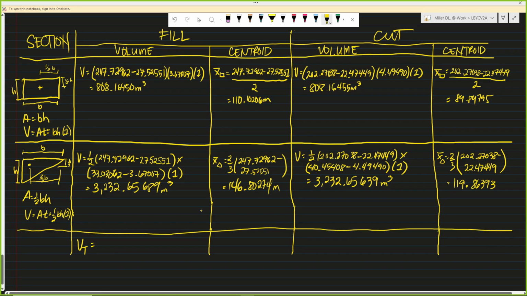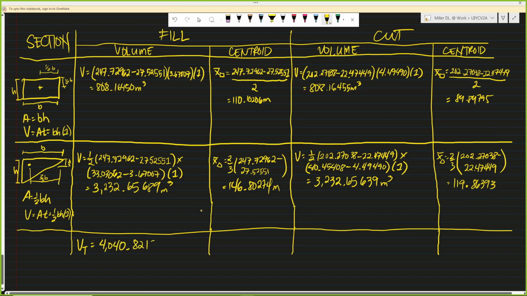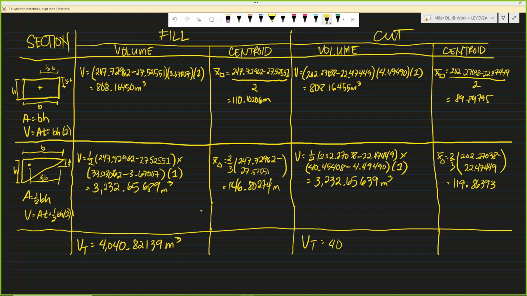Sige, kindly add please. So we have 4040.82139 cubic meters, while the other is 4040.82094 cubic meter.